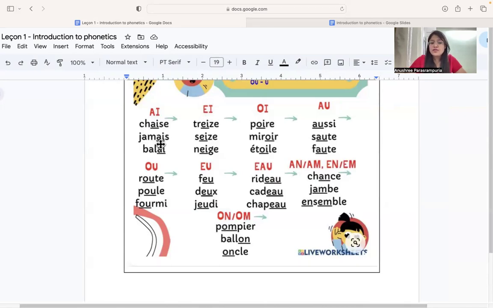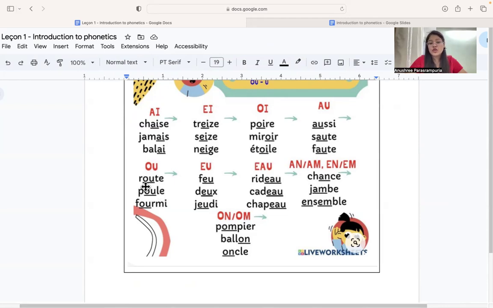Chaise, jamais, ballet, treize, seize, neige. Remember, A sound. We just saw OI: pois, poire, miroir, étoile. AU, we just saw O: aussi, saute, faute.